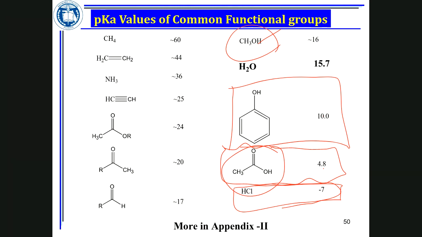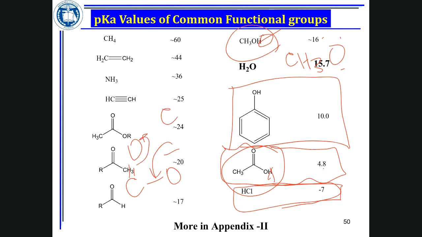So if you remove the hydrogen here, you end up with a CH3O minus. There is no resonance for it. But if you remove this hydrogen, you end up with a COO minus, and you can form a resonance. So basically, you get the pair of electrons to share double bond for the carbon, and this pi electron moves up, so it forms a resonance.